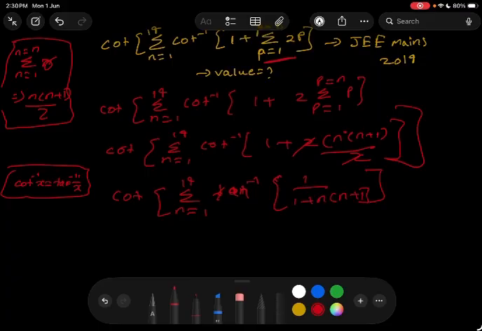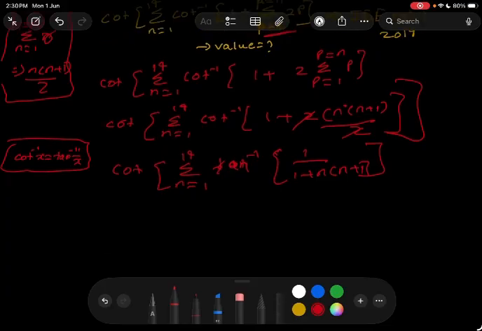Now we want a summation series with tan inverse. We know, this is a basic idea. You should have done these types of questions before, or watched it from the teachers. This is a good, simple basic question. That is how you would be able to do it, unless you are a natural genius, which I'm not.